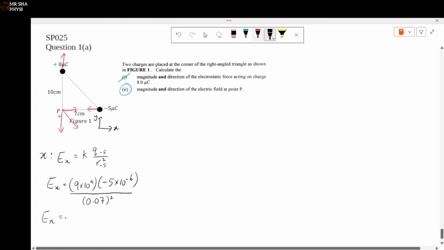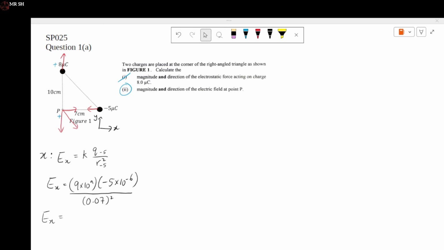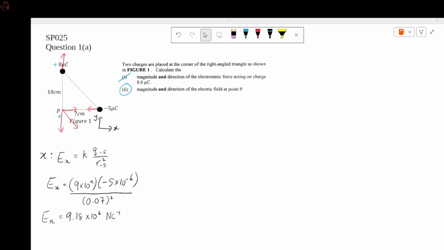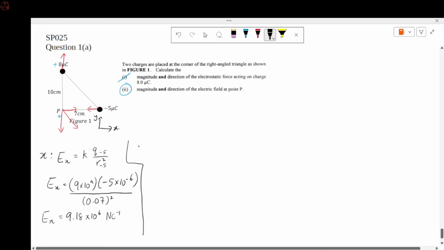You can key that into your calculator to find that it is 9.18 times 10 to the power of 6 newtons per coulomb. That is the electric field in the x direction.